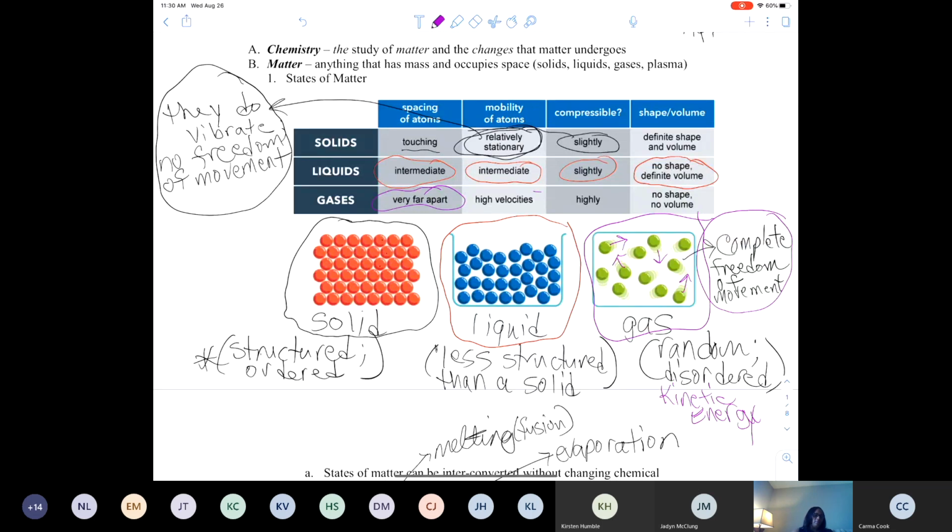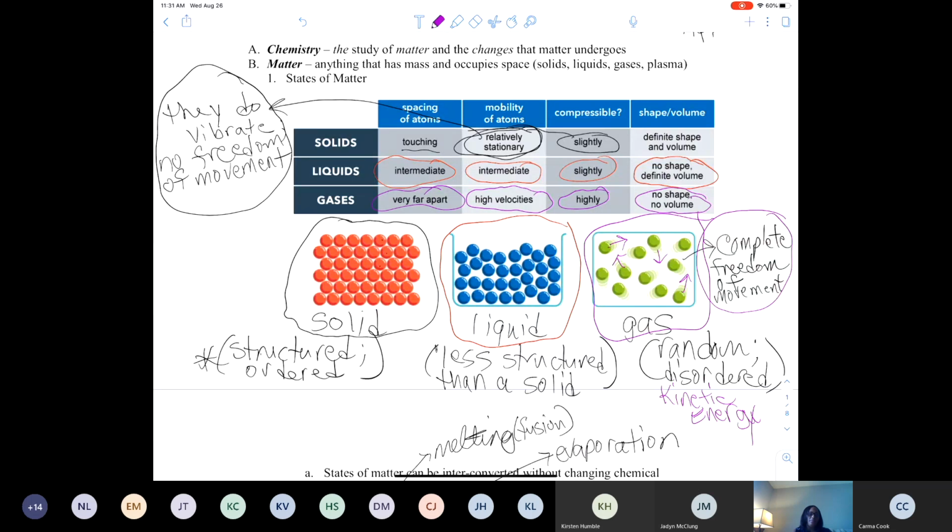And so they're very mobile. They move, they have a high speed or high velocity. Gases are highly compressible because their particles are spread out so far apart from each other. They're very highly compressible. And gases do not have a shape, nor do they have a volume.